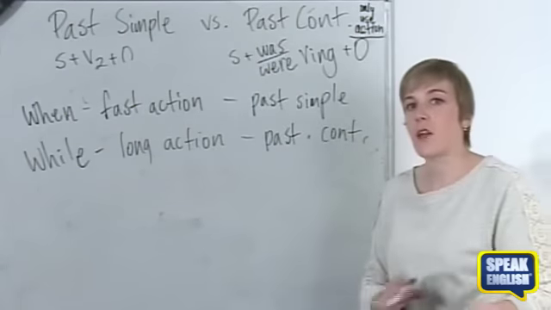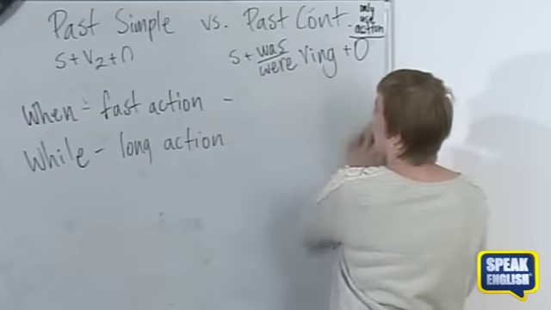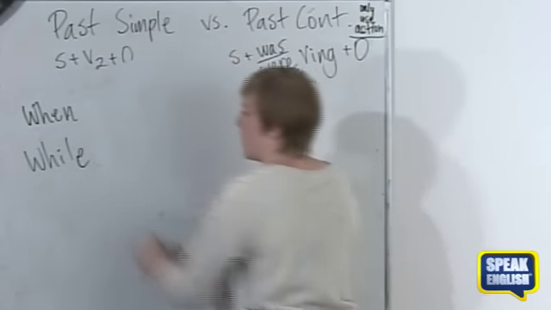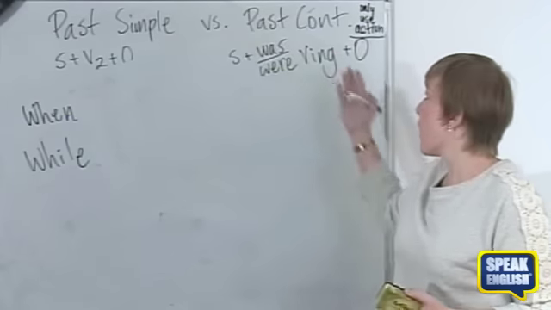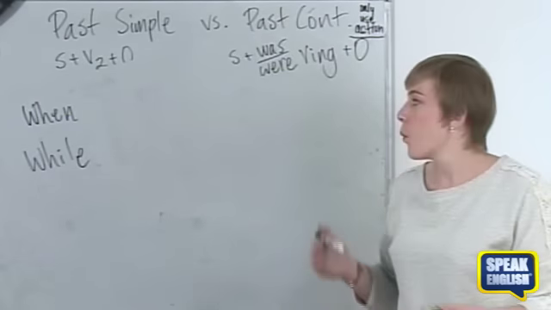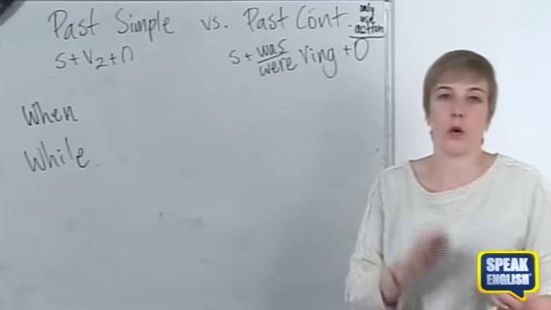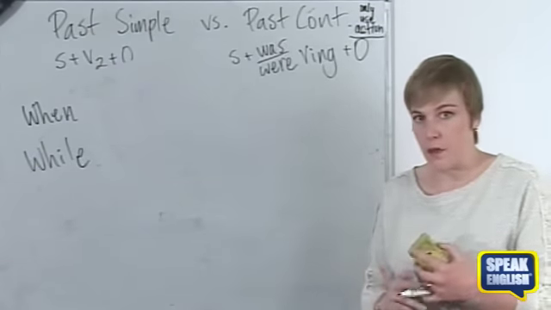Alright, so let's look at one more concept before we finish. This concept of when and while. When we're using it with past simple and past continuous sentences, we are using it to tell people if it was a fast action or a long action. But maybe we're using it for a different concept.